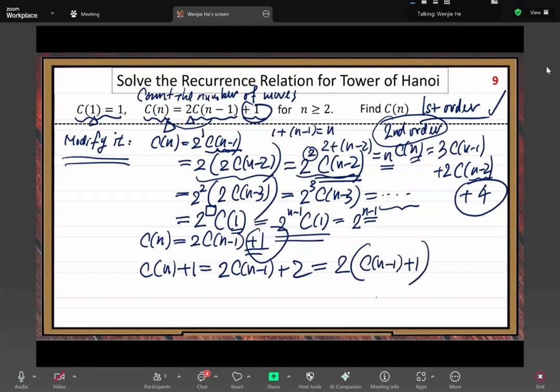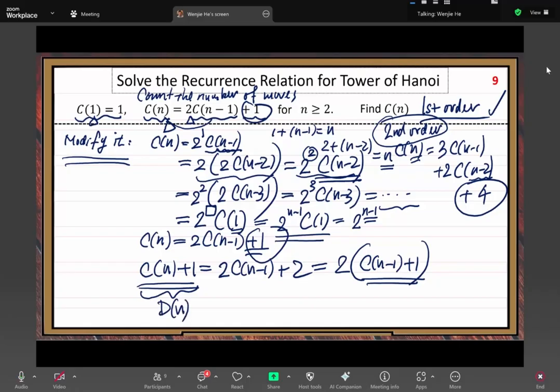Right? After that, now, we have a newer version. Look at that. Left-hand side, C of n plus 1. Right-hand side, inside parentheses, C of n minus 1 plus 1. Do they have similar structure? They have similar structure, right? If they have similar structure, can we use a new function to represent the structure? New function, let me call D function.